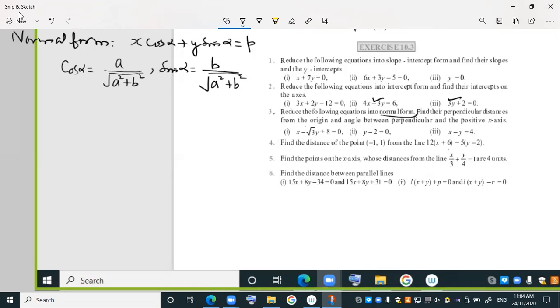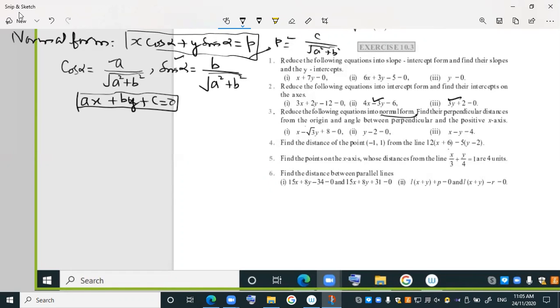And for finding p, p is equal to c upon under root a square plus b square. What is ABC? ABC is from the given equation: a is the coefficient of x, b is the coefficient of y, and c is the constant term. So from the given equation you can write ABC and substitute here to find cos alpha, sin alpha and p, and then substitute in the normal form equation.